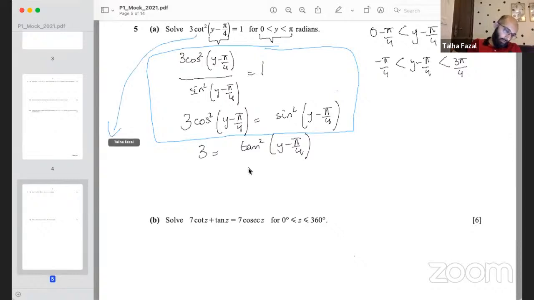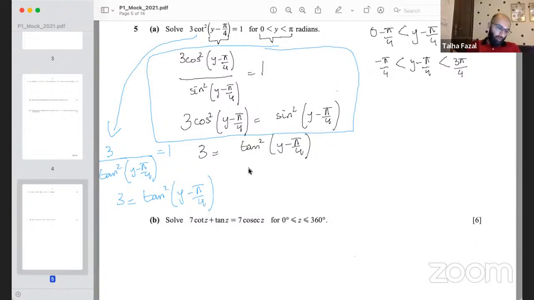You can simply rewrite this as 3 over tangent square y minus pi over 4 is equals to 1, saving yourself some time. Because most of the students do struggle with time management. If you do know some of these shortcuts, it basically helps you a lot. So in the end, you'll end up with the same equation, which is this, right?